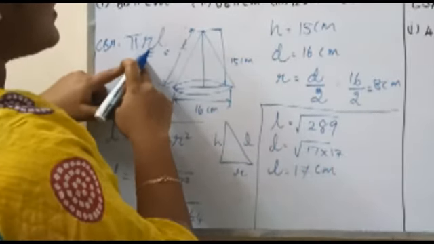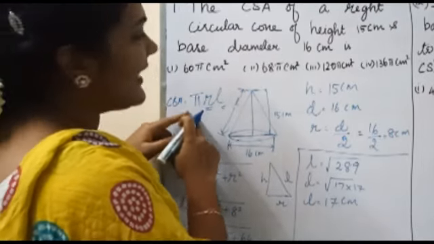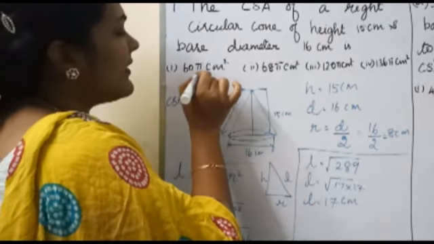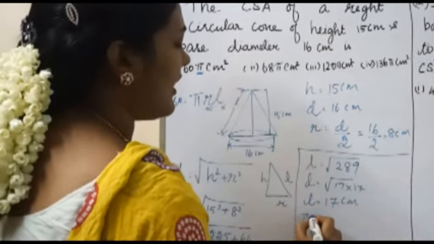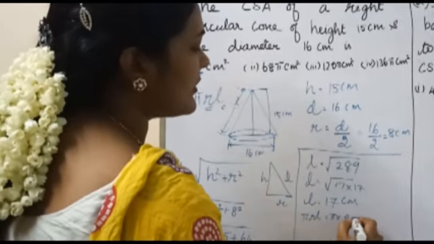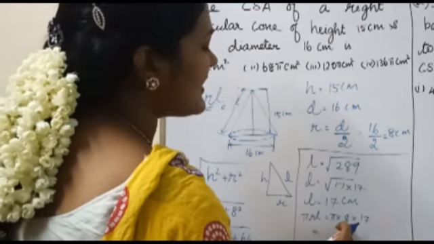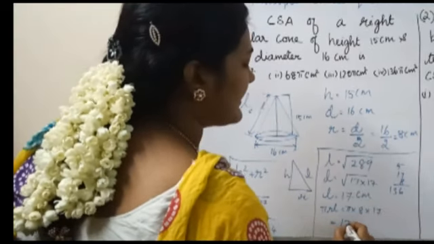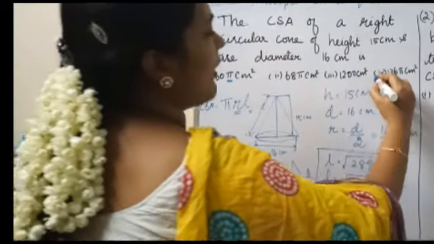Curved surface area of a right circular cone is pi r l. We need not put the value of pi because in the choices they are giving the value in terms of pi. So pi r l is equal to pi into our radius 8 into L 17, which is equal to 8 into 17, 136 pi. So our answer is option 4.